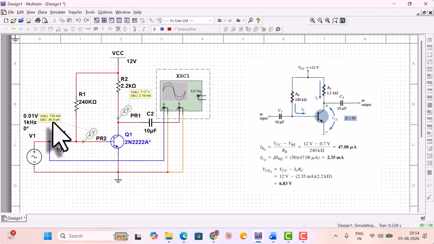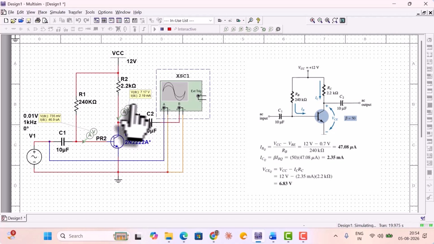This small difference is due to the transistor model parameters configured in the simulator. Further, note the base voltage value. In the simulator, it is showing 735 millivolt or 0.735 volt, whereas in the manual calculation, 0.7 was used.